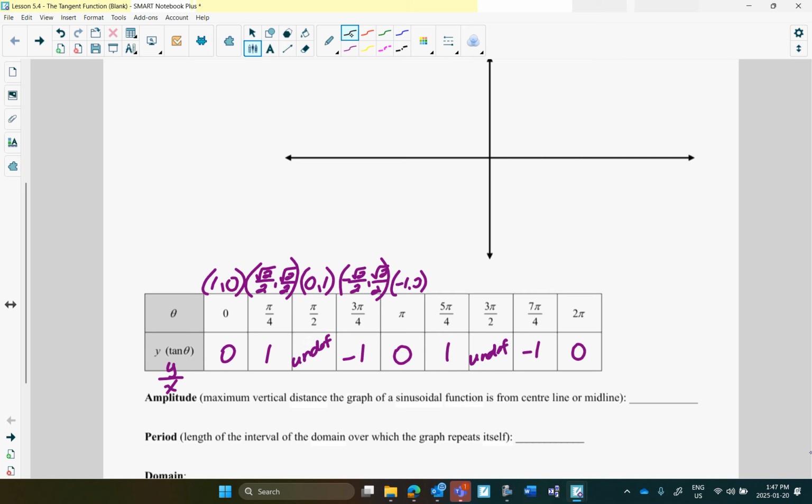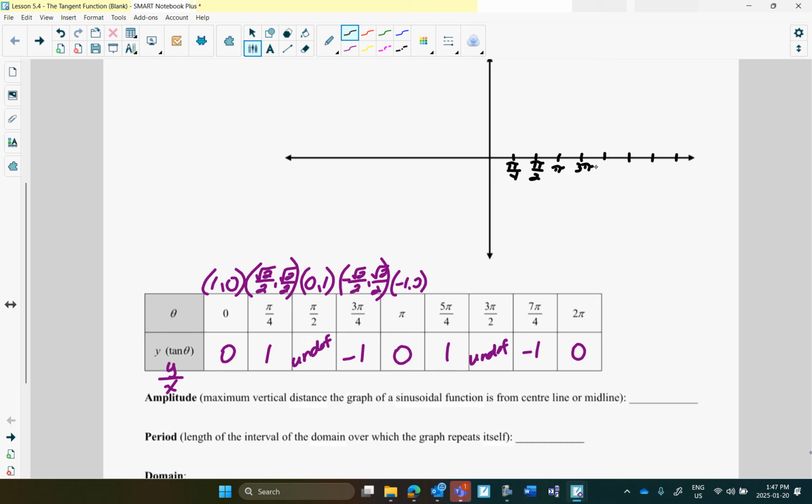So I need, everyone is going to be pi over 4. So put some notches out here. This is going to be pi over 4. This is 2 pi over 4, which is pi over 2.